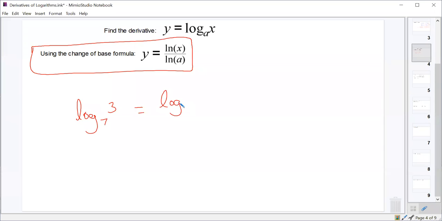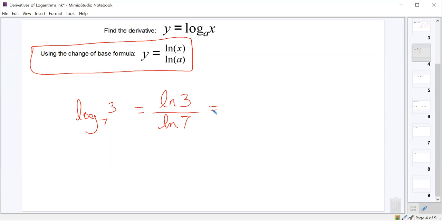Natural log? Okay, natural log. And so I can make it natural log of the original thing I was taking the logarithm of, divided by natural log of the original base. And it could be in any base that we want.